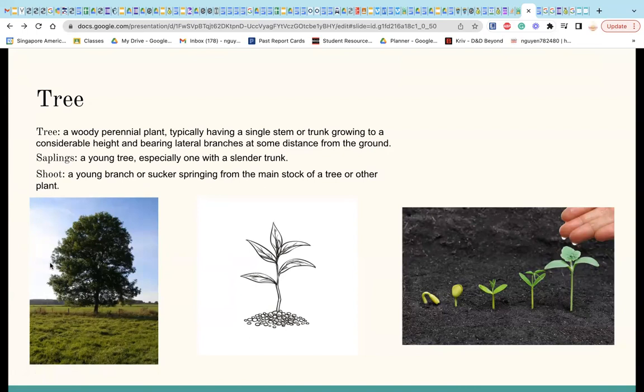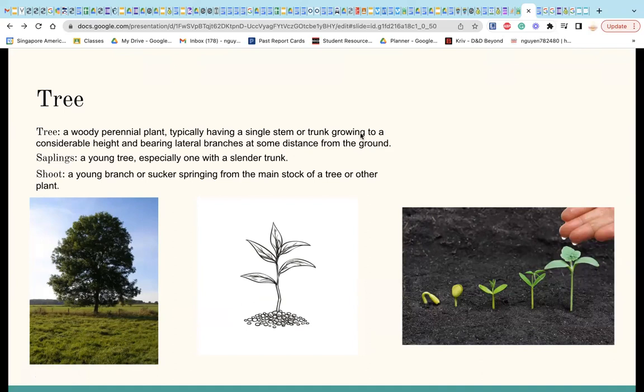But anyway, aside from a tree, when it comes to a younger tree, what we have is a sapling. A sapling is a young tree, especially one with a very slender trunk. So it's very thin, not like a regular old tree. If you see the picture in the middle, that's a sapling. And then a shoot is even smaller.